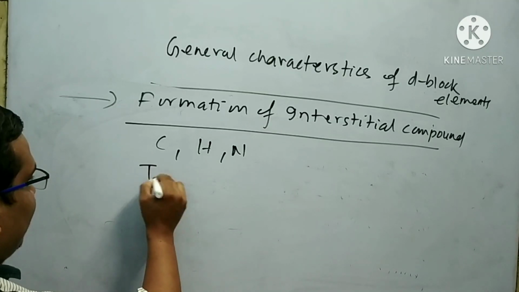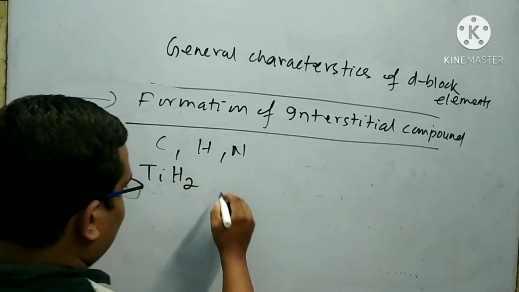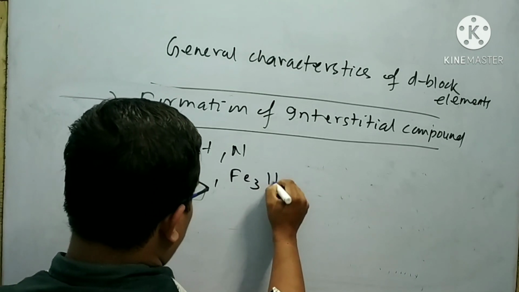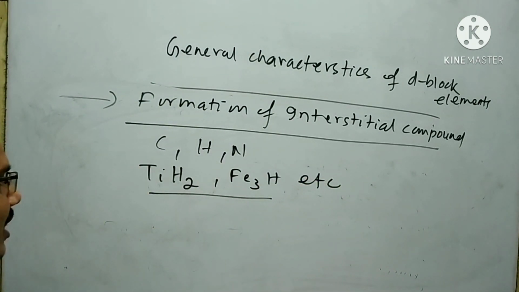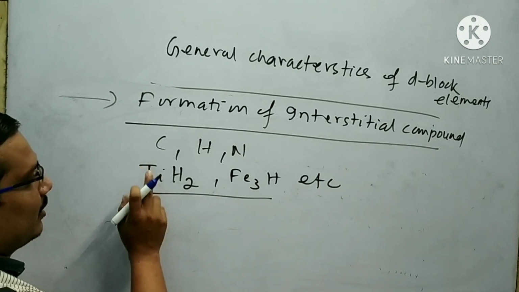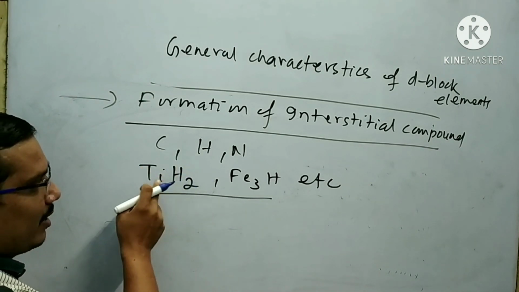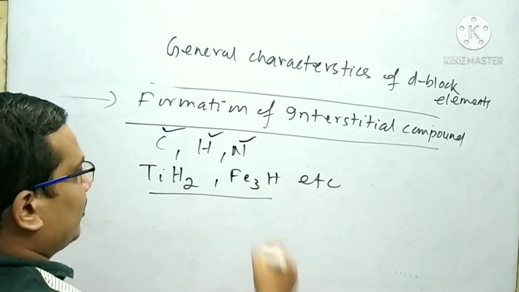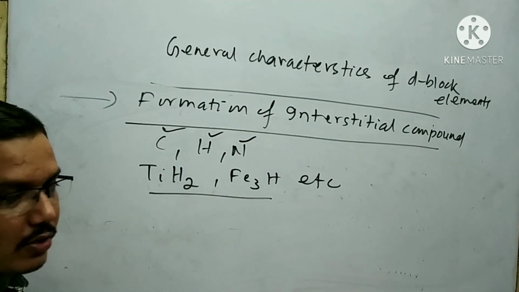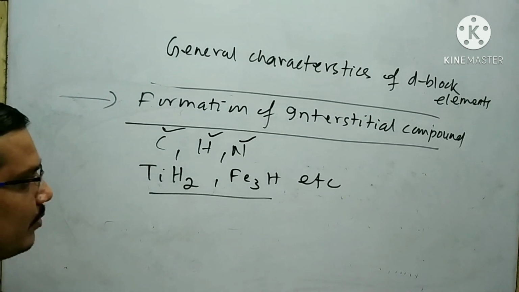For example, titanium hydride, iron hydride, etc. These are interstitial compounds formed by transition metal atoms with small elements like carbon, hydrogen, nitrogen. These compounds are also called non-stoichiometric compounds.